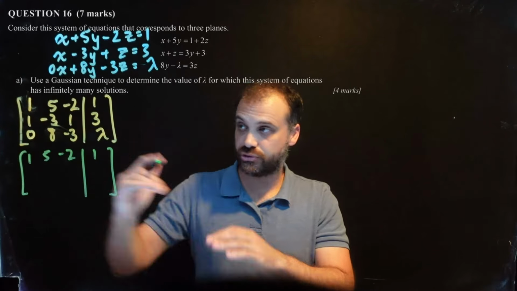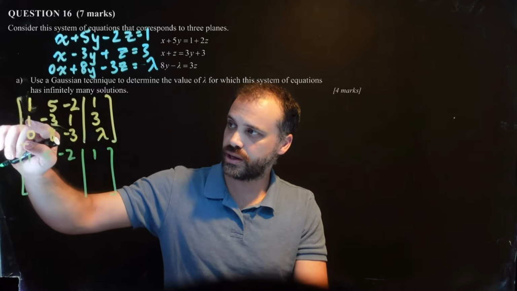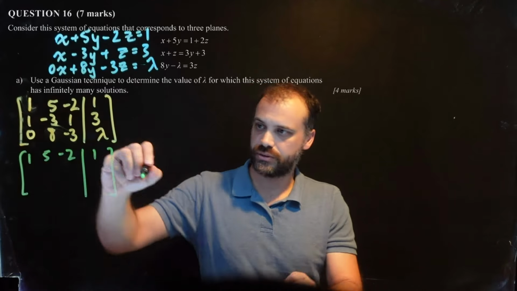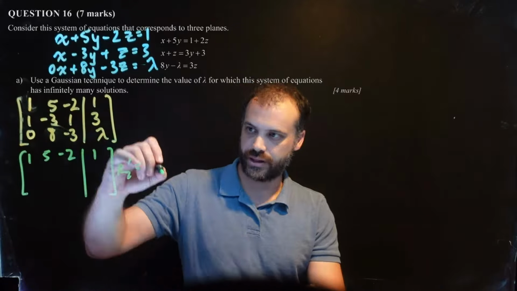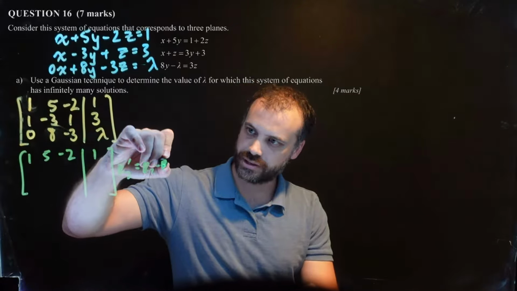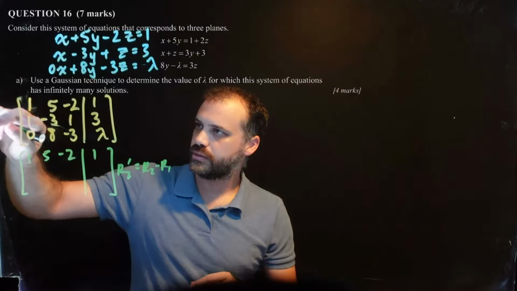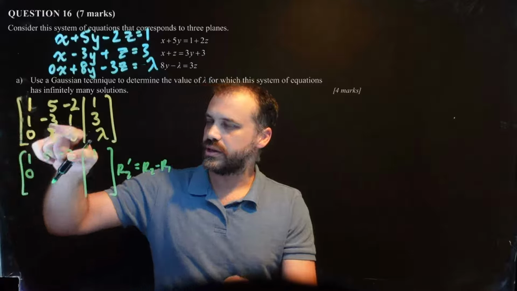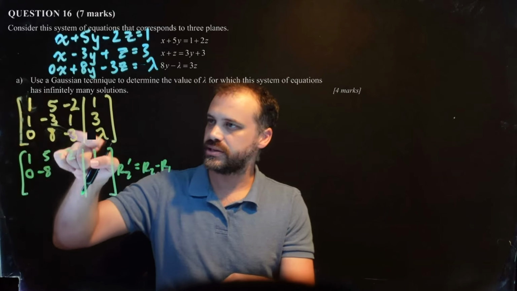I need to subtract row 1, right? Because if I do row 2 minus row 1, 1 minus 1 will be 0. So the new row 2 is going to be equal to the old row 2 minus row 1. And I always mess this up. All right, so 1 minus 1 is 0. Negative 3 minus 5 is negative 8.